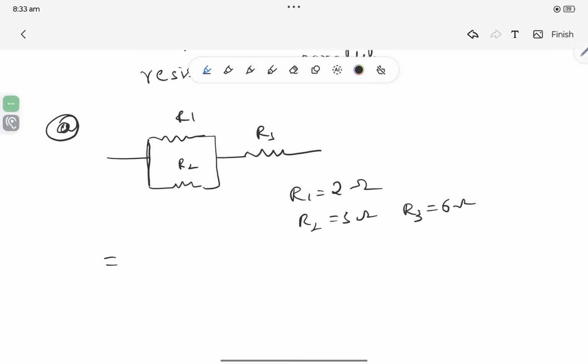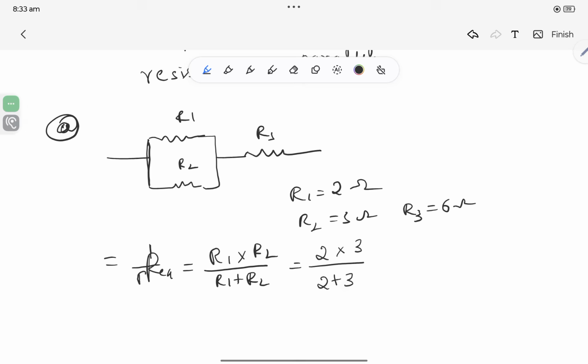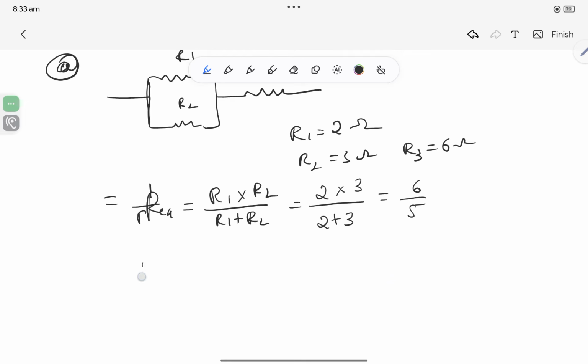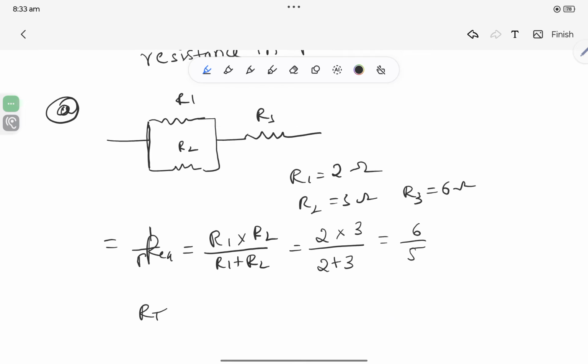For parallel, using the shortcut formula, R equivalent is equal to R1 into R2 divided by R1 plus R2. Here R1 is 2, R2 is 3, so it will become 6 by 5. Then this one will become series.